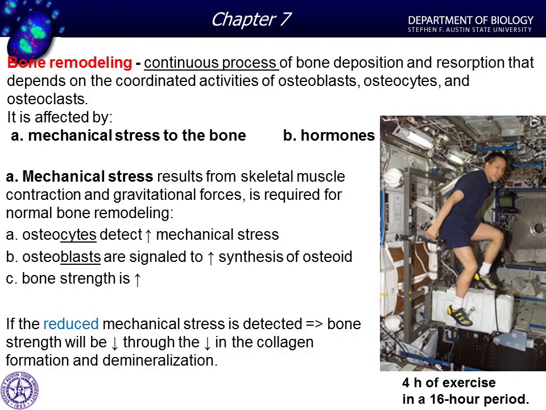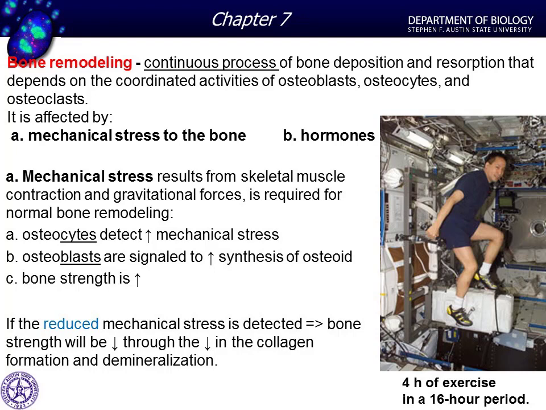Now, here's the opposite. If you're not putting stress on your bones, remember, bone is living tissue, living cells. What do cells need to survive? Glucose, ATP, oxygen, right? It takes a lot of work to keep cells alive.